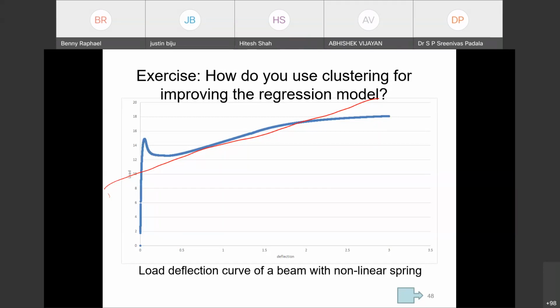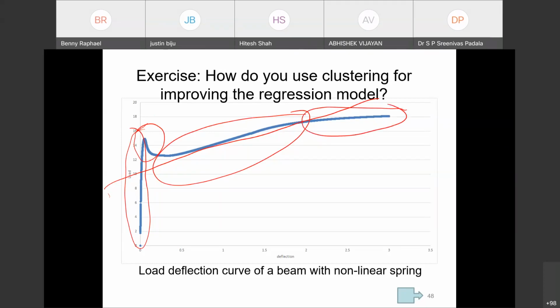So let us say we take slope and the deflection as two parameters which you use for clustering. So you cluster all the points based on these distances which are computed using deflection and slope. Most likely all these points will belong to the same cluster because they have the same slope. And somewhere here you might find another cluster. Then this region has a constant slope. So this might be another cluster and so on.